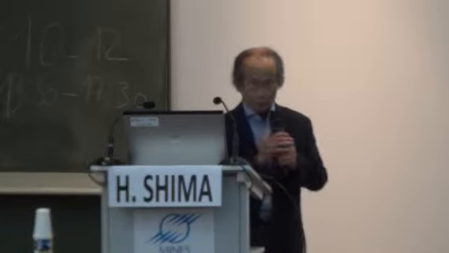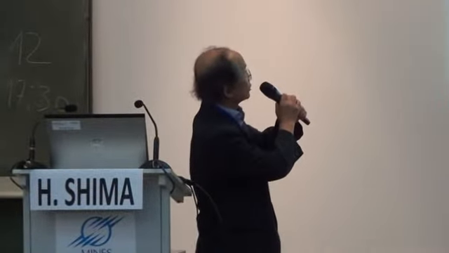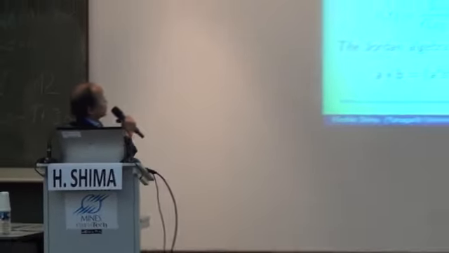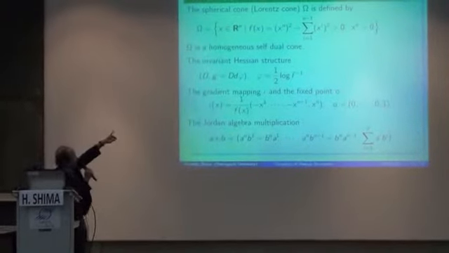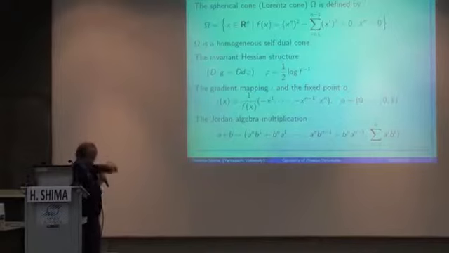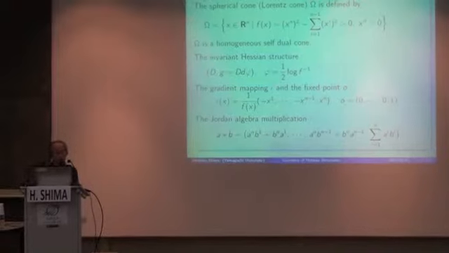Example, the spherical cone or Lorentz cone. Let omega be a spherical cone defined by that inequality. Then omega is a typical homogeneous self-dual cone.